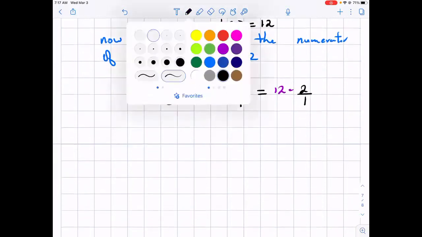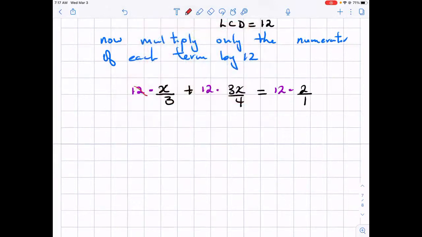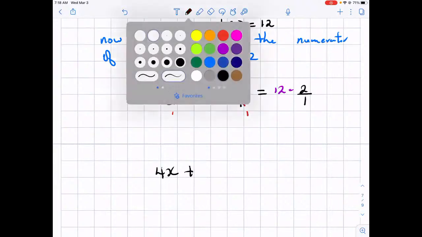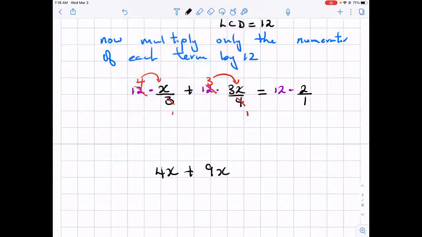You will notice as you do this, you're going to have some simplification. 3 into 3 is 1, 3 into 12 is 4. So you're left with 4 times x, and that will leave you with 4x. Plus, you will notice once again, the 12 and the 4 can be simplified. So 3 times 3x, that becomes 9x.